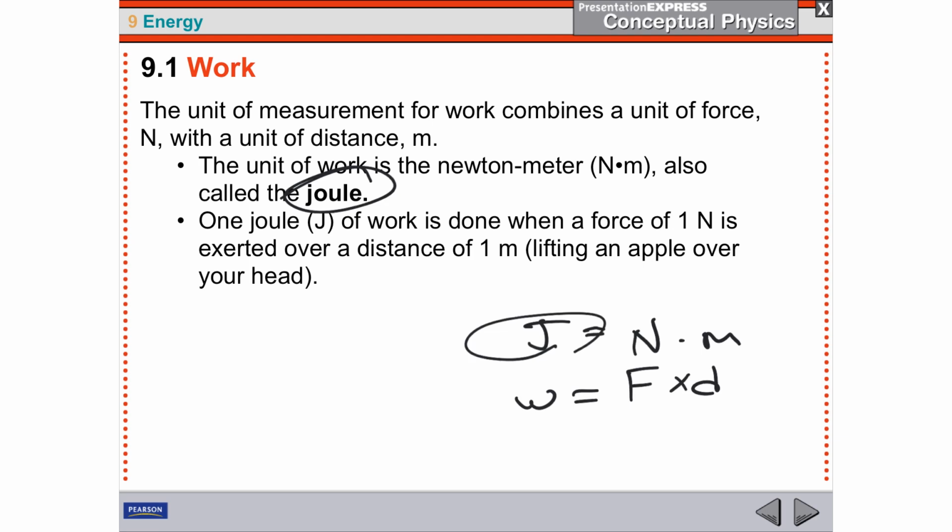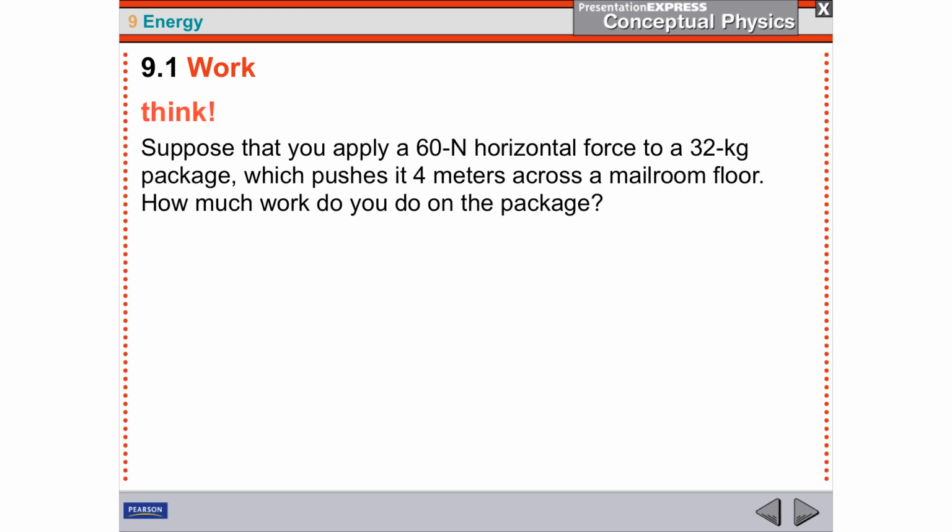We're also going to see that the joule is the unit of energy. How much energy you have to use is exactly the same amount as the energy used to store it. If I stored energy by doing work on something, then that energy is now available in this. So a joule is also going to be the unit of energy. But right now we'll see that it's a Newton meter, because it's force times distance.